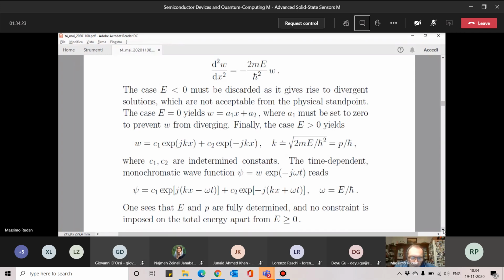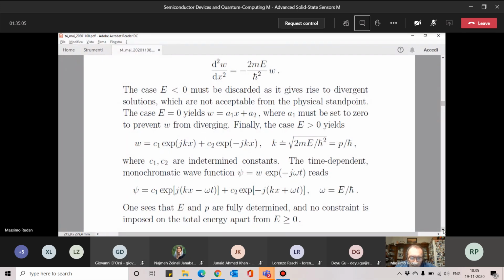So we have full knowledge of energy and also full knowledge of the modulus of momentum, that is h bar times k, okay? Of course, we have no information about the position of the particle, because those two terms, the exponential, if we take a picture of the function at some t, we see that it is a combination of two exponentials with respect to x, and they are non-zero everywhere along the axis, okay?